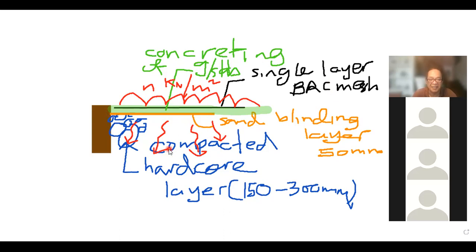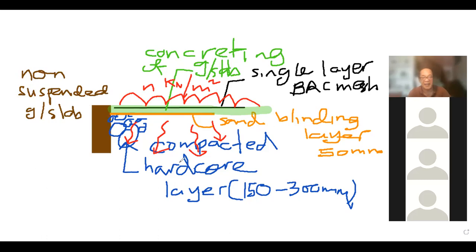So if it is a fill area, then it is advisable not to use non-suspended ground slab construction. So this is what we term as a non-suspended ground slab, where the most important aspect is that the loads acting on the slab are transferred directly to the soil.